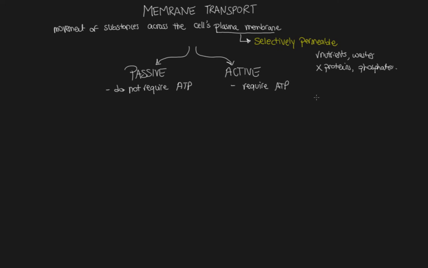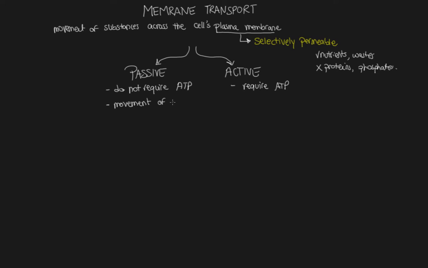And the reason behind this is that passive processes actually involve movement of substances, what we call down their concentration gradient. And so this means that they are moving from an area of high concentration to an area of low concentration.